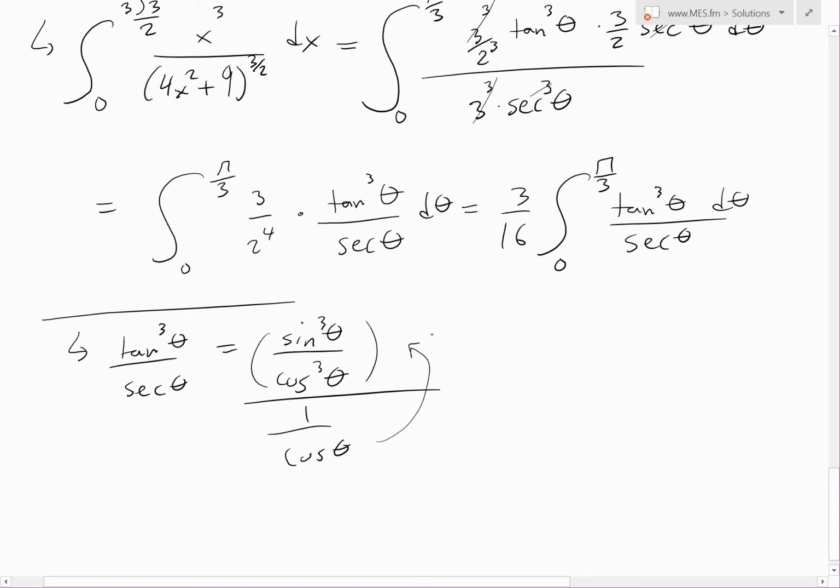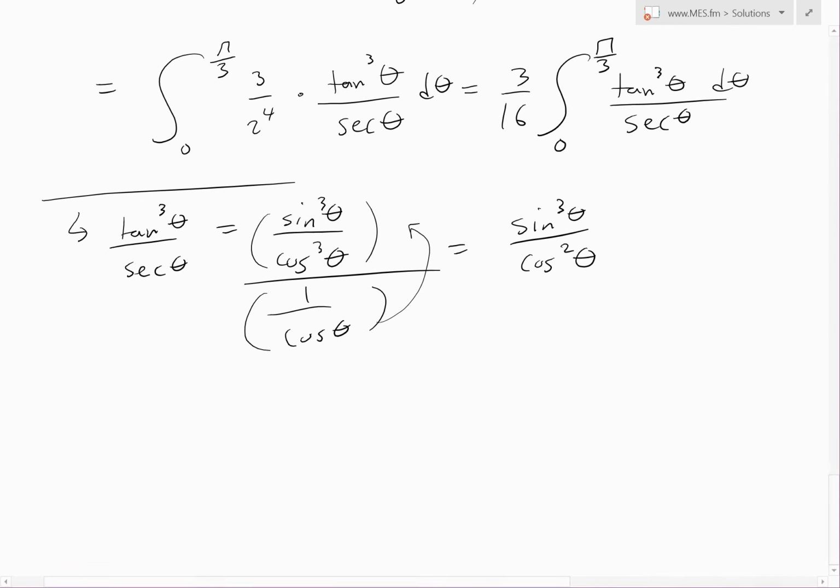So this will go on top, because they're divided by 1 divided by it. So what we get is sine cubed theta over, these will cancel right here, so this will just be cosine squared theta.